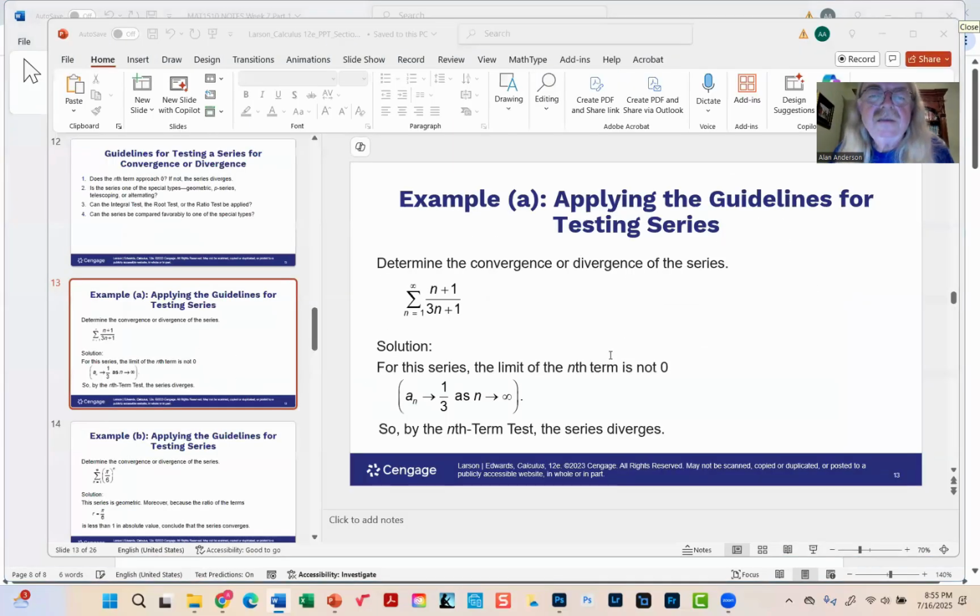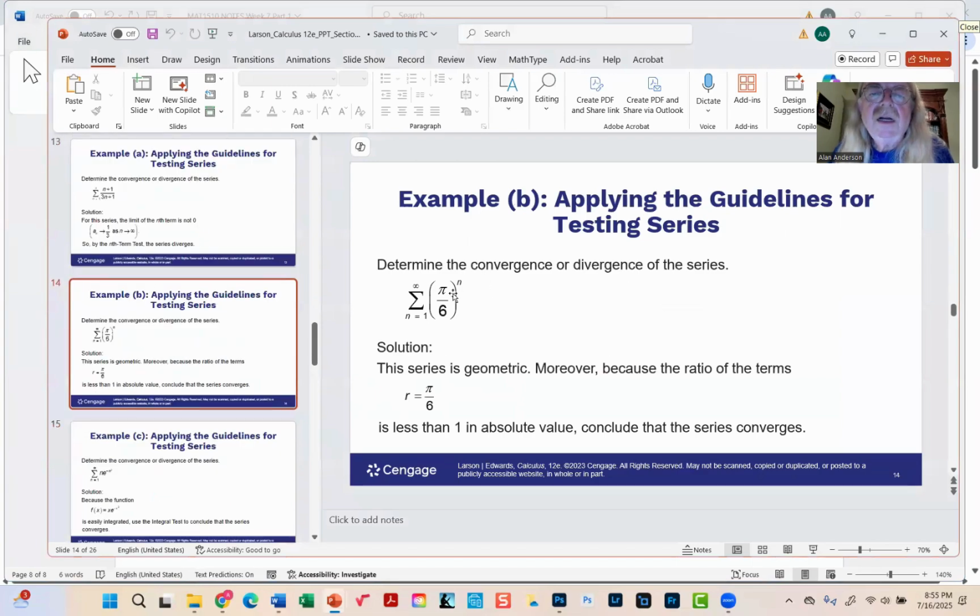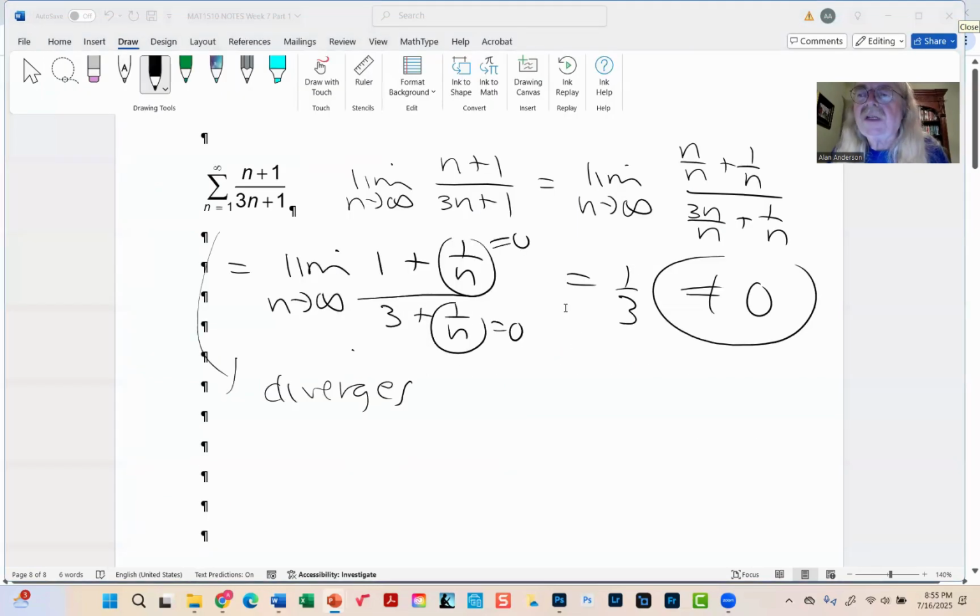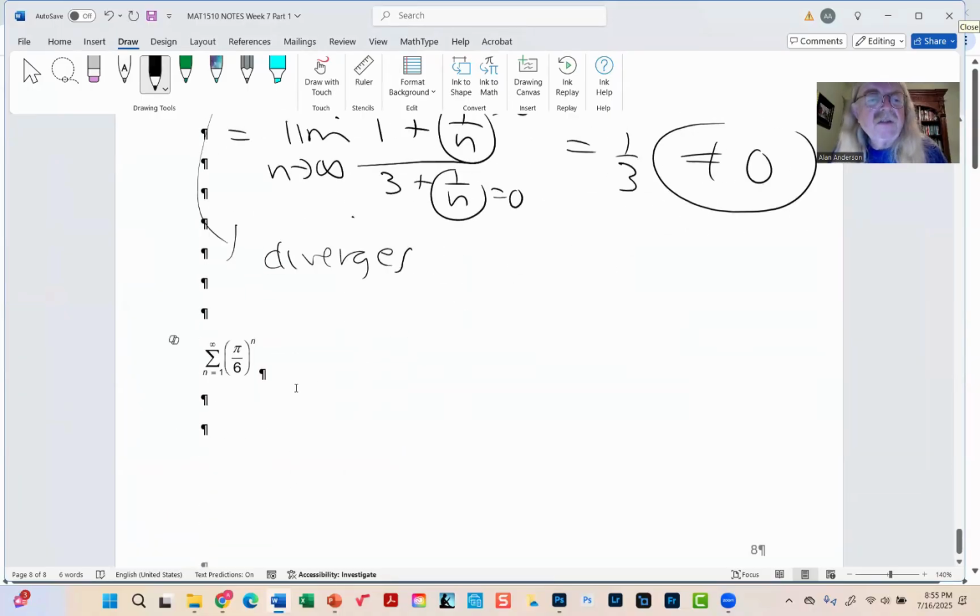What's next? Ah, this is a geometric series. Sometimes it's just a question of recognizing what kind of series it is. However, it's just a constant.